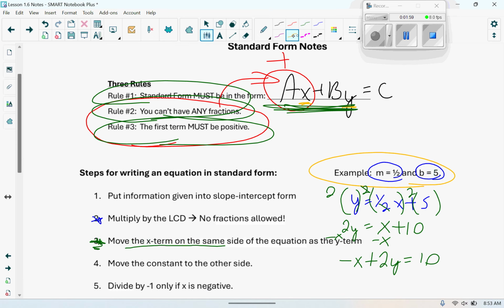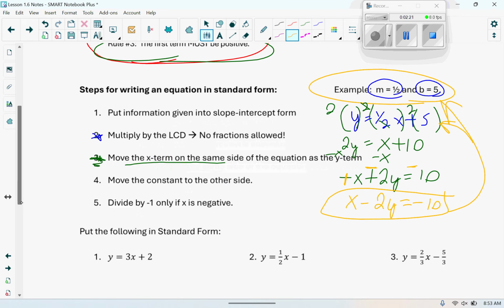So if your first term is negative, technically you multiply everything by -1, but really just change the signs. So my final answer is x minus 2y is equal to -10. This is the same thing as that, just describing it a different way.